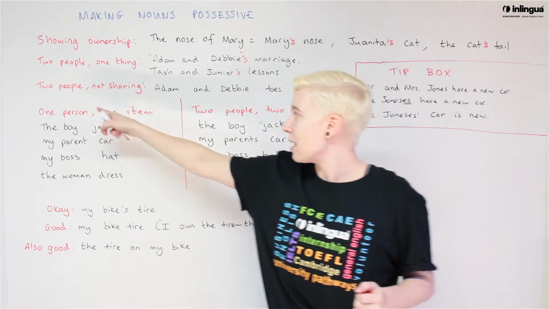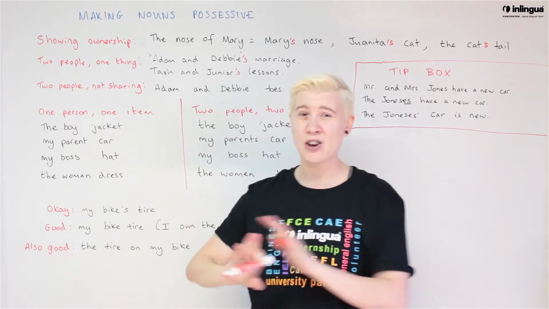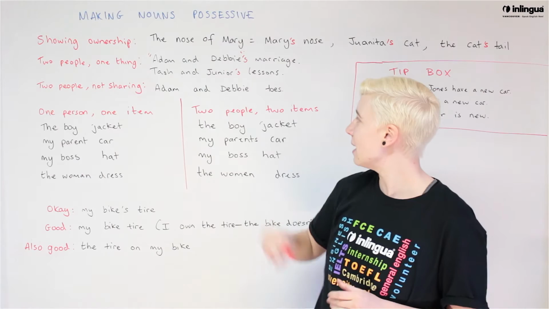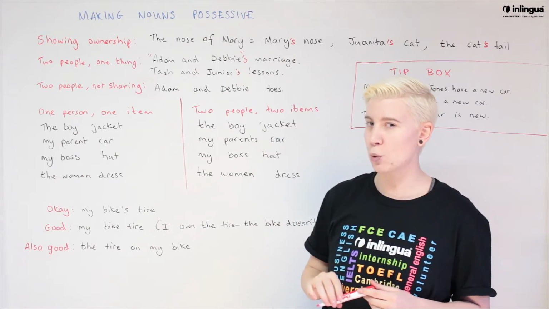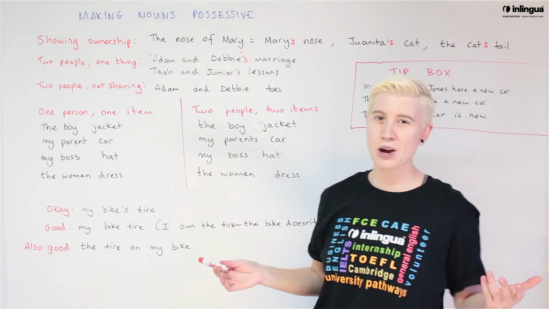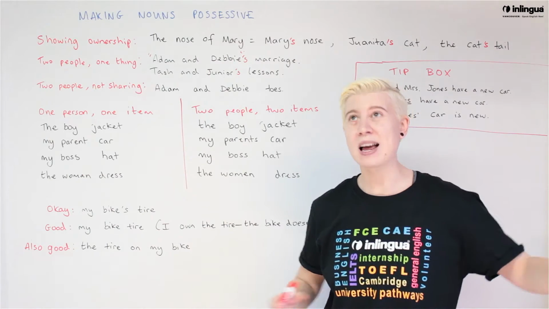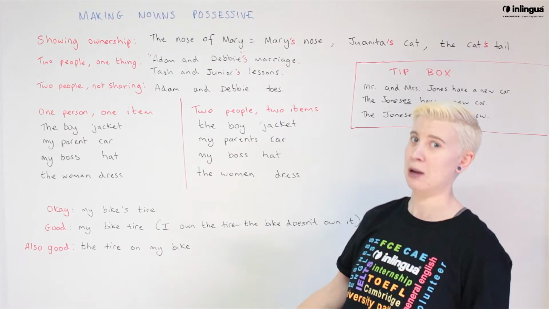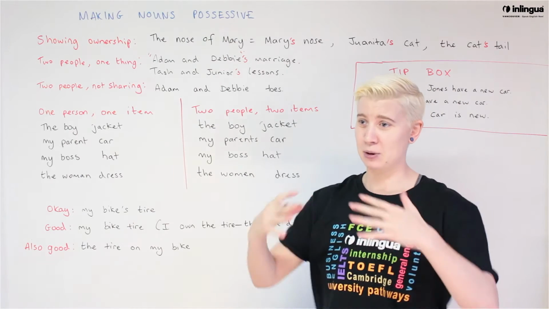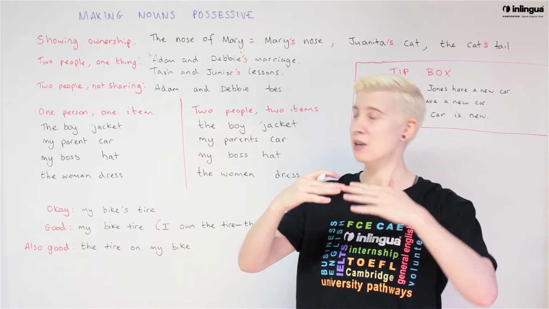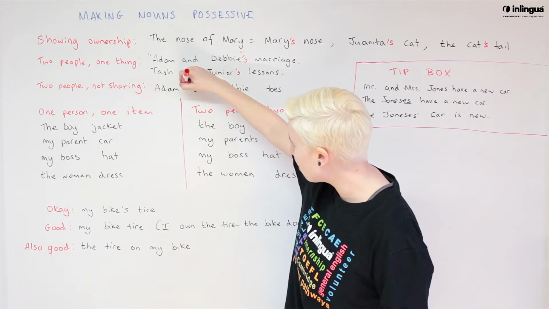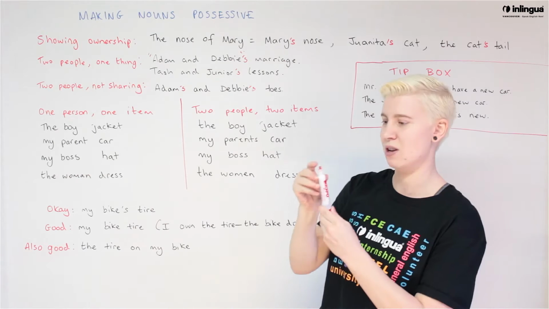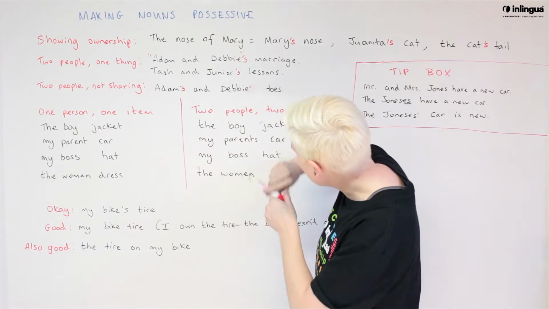But if we have two people and they are not sharing, it looks a little different. Adam and Debbie toes. Adam has toes and Debbie has toes. They are not the same toes. That would be really weird, if they were connected, sharing the toes. So we have to give them both their own apostrophe S. Sorry, got a little wriggle, my S has gone funny.